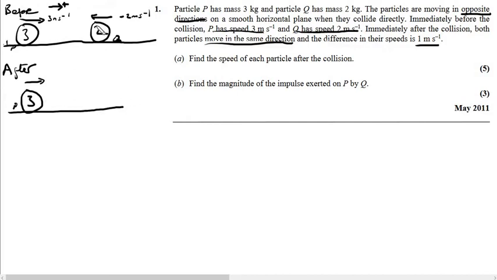But it shouldn't matter. The algebra should figure everything out for us anyway. And I'm going to assume that Q has changed direction. And we're told that the difference in their speeds is 1 meter per second. So we're going to label that V, and this is V plus 1.